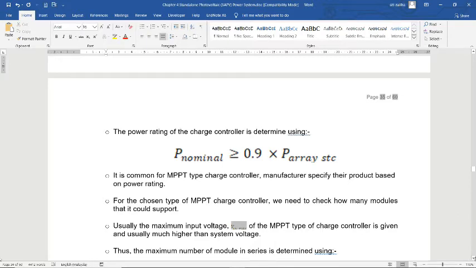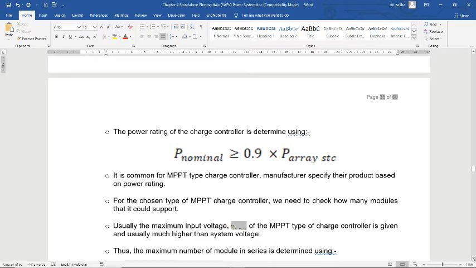So commonly MPPT type charge controller manufacturers specify their product based on the power rating. For the chosen type of MPPT charge controller, we need to check how many modules that it could support. We use P array because it can be a combination of PV module in series and parallel.